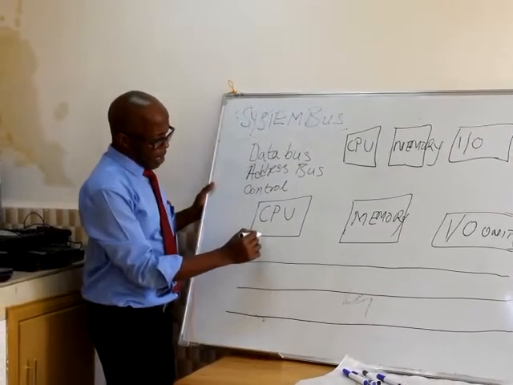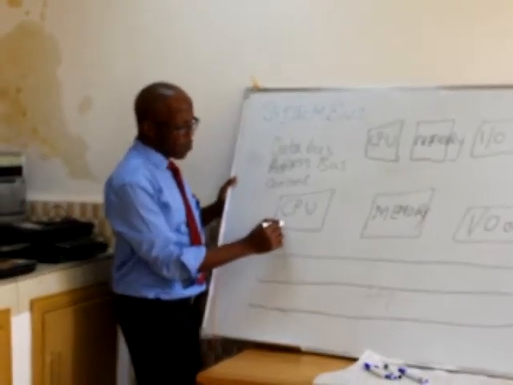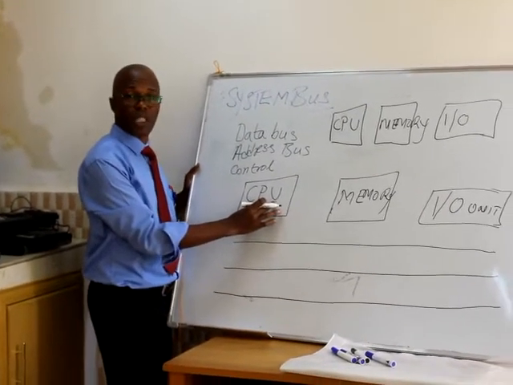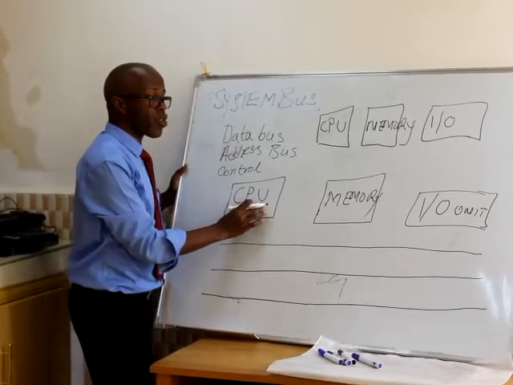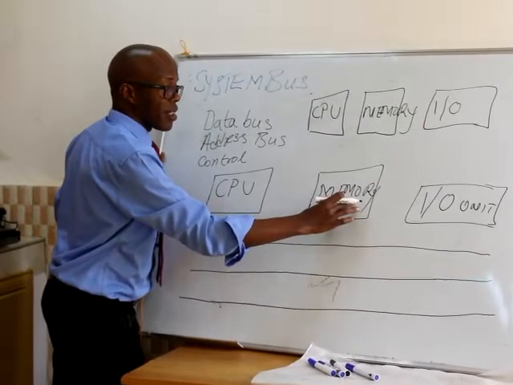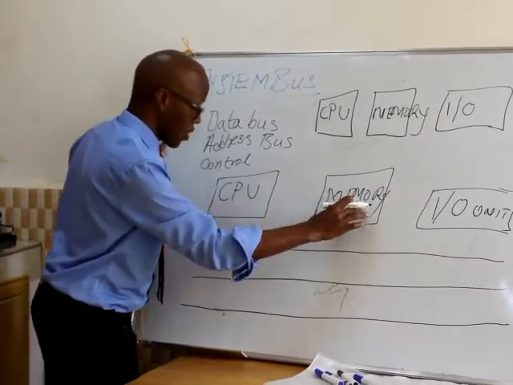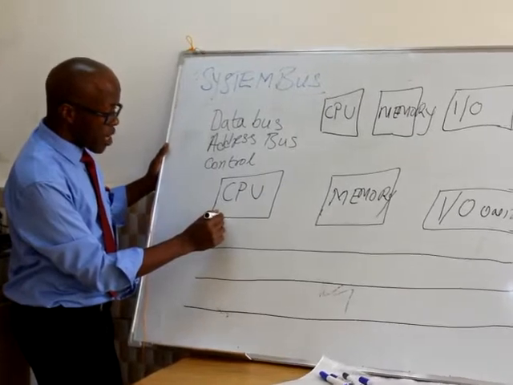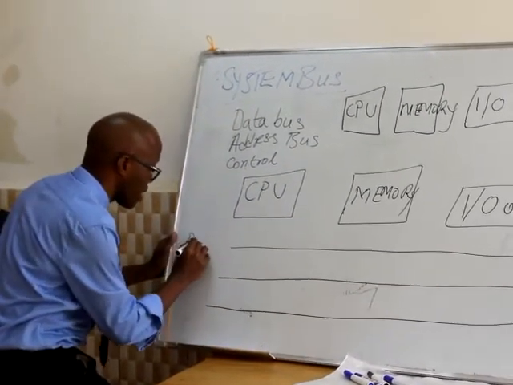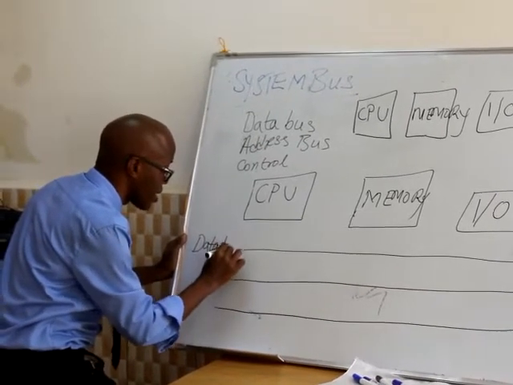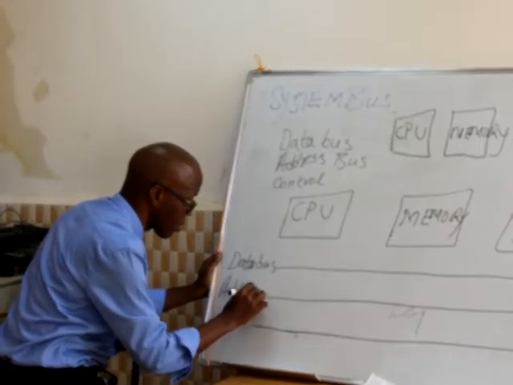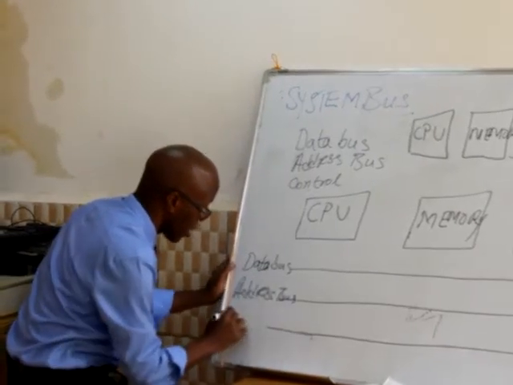So, when our processor, our CPU wants to read a certain piece of data from the memory, it will request. We say this is the data bus, address bus, control.